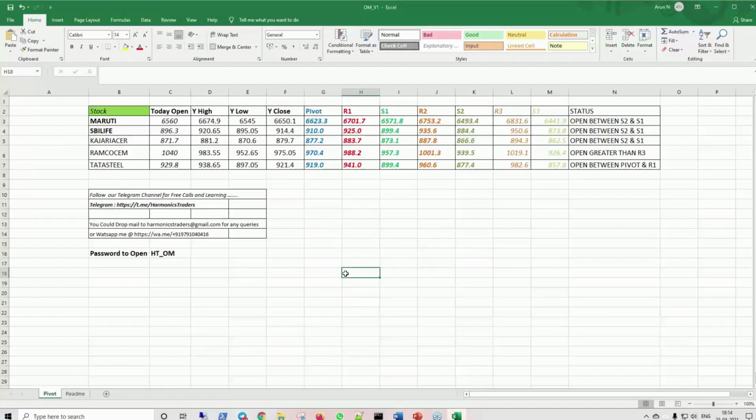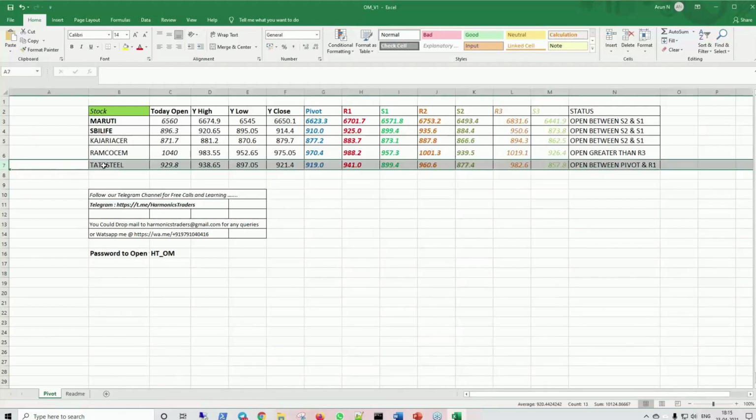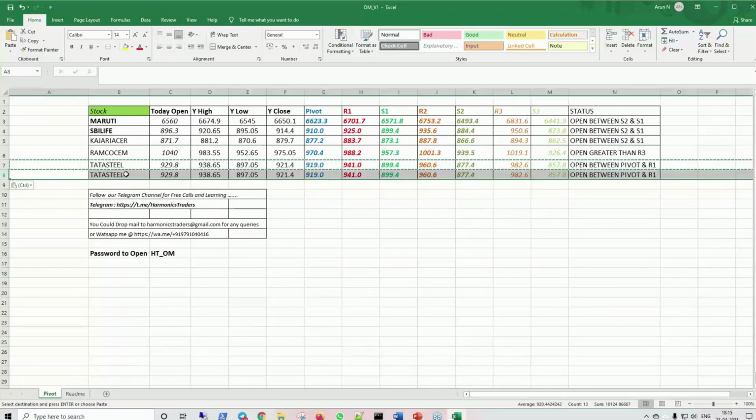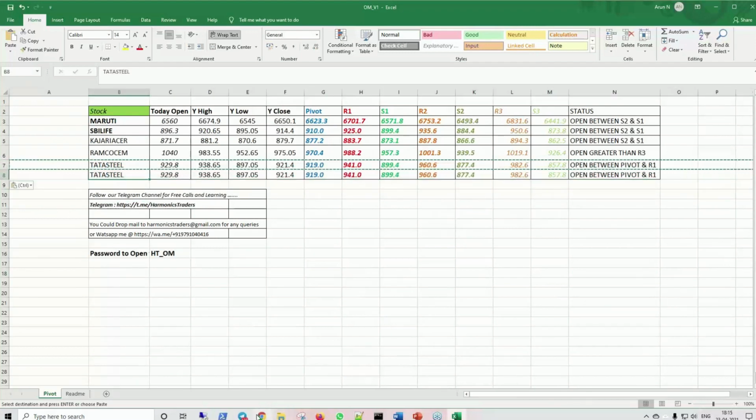Okay, so let me do sample data and we'll check how to trade on this. Let us pick some stock. Any stock you guys want to pick?